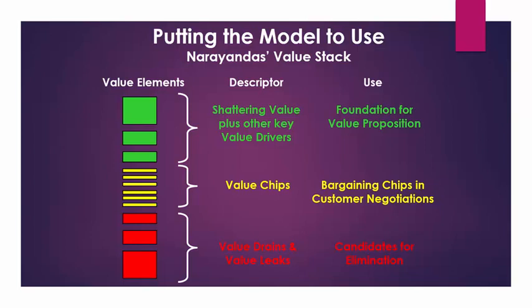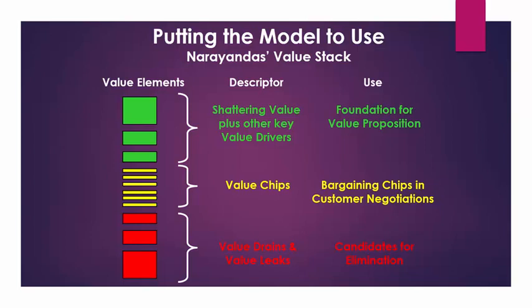Now, at the bottom, you see some big red discs there, and basically these are called value drains or value leaks. To this point, our assumption is that our product creates value. Well, in fact, it might not create value. It might actually reduce value.